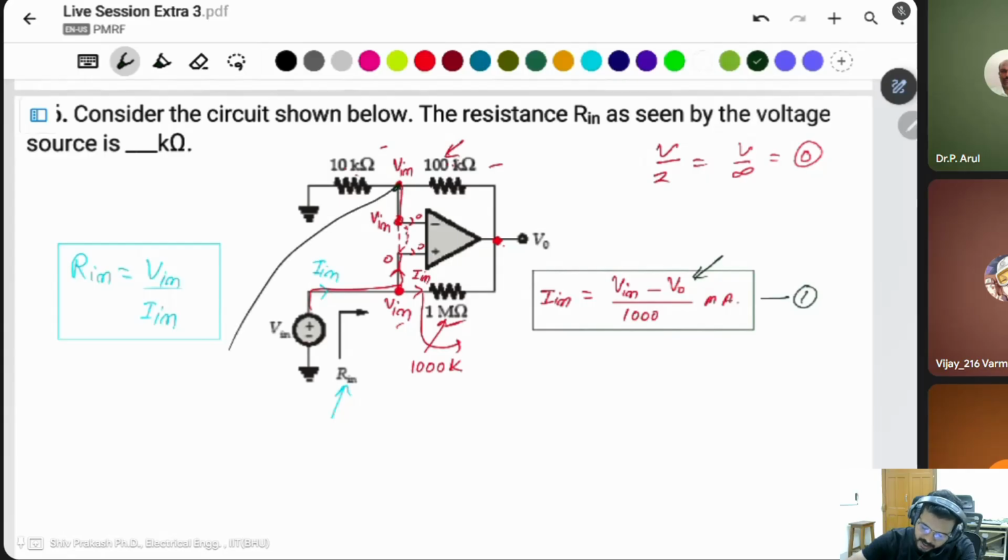Apply the KCL in this node. It means this current is equal to this current, because this current is 0. This was the ground, 0.